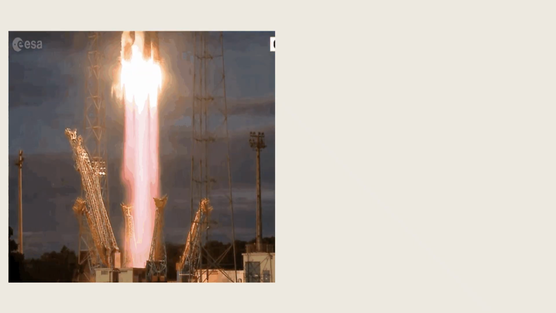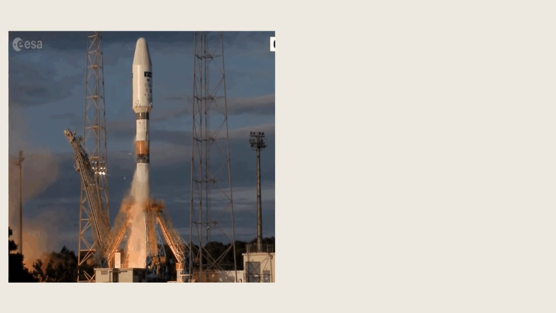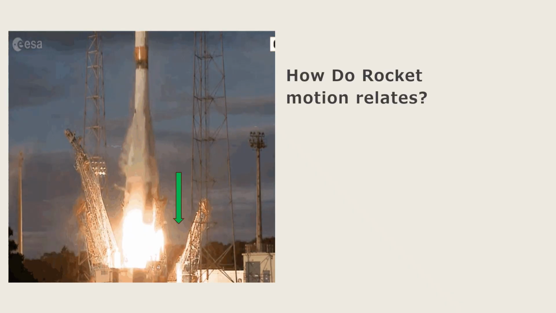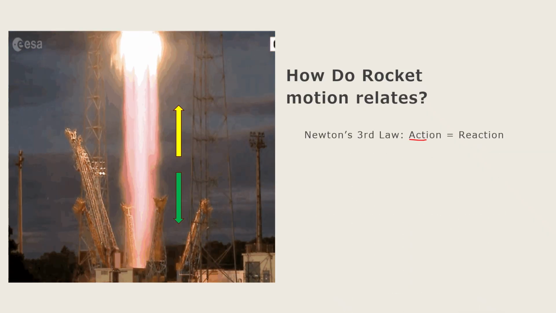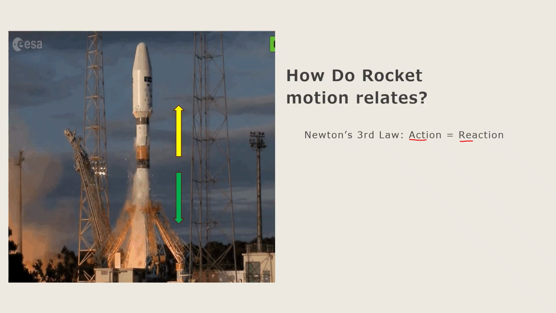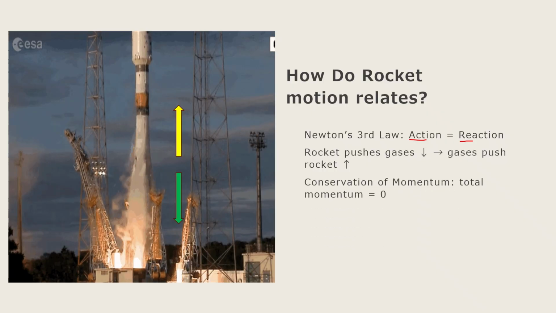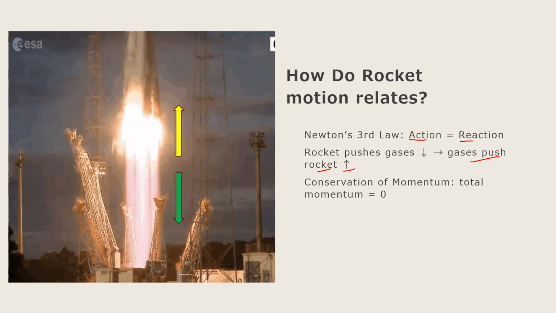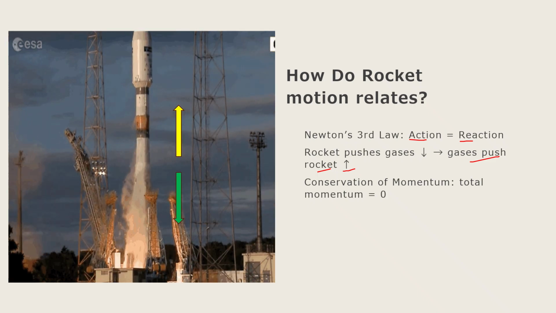Look at this rocket launch. As the engine fires, gases blast downward and the rocket moves up. Newton's third law of motion says that for every action there is an equal and opposite reaction. The rocket pushes the gases downward and the gases push the rocket upward. This is also an example of conservation of momentum.